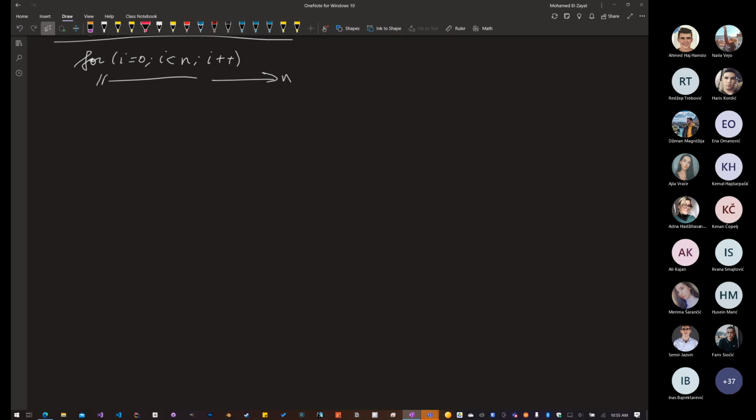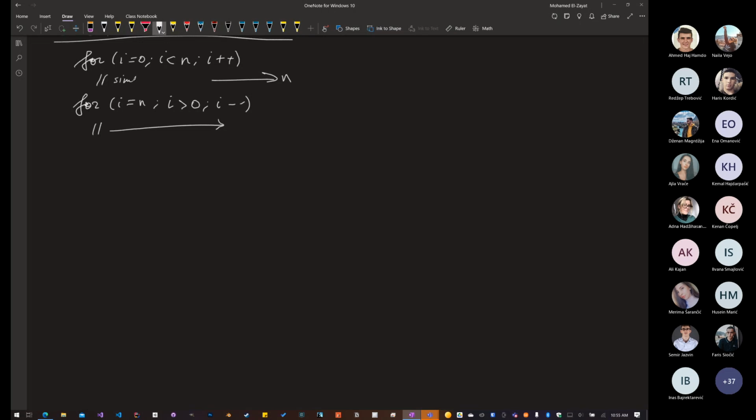And it's going to be the same thing if you have a for loop for i equals, for example, n, and i is larger than 0, i minus minus. It's exactly the same thing, given that you have a very simple statement. Let me write this down so people do not forget.